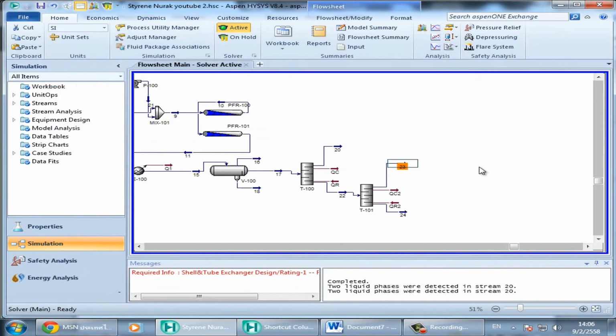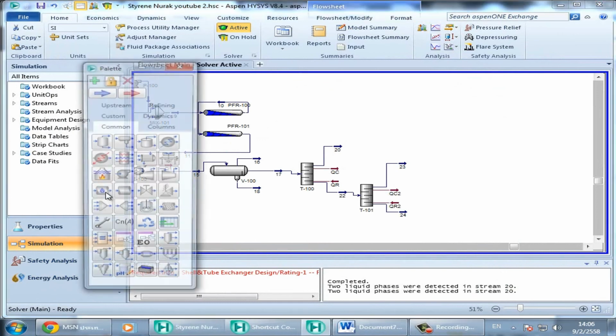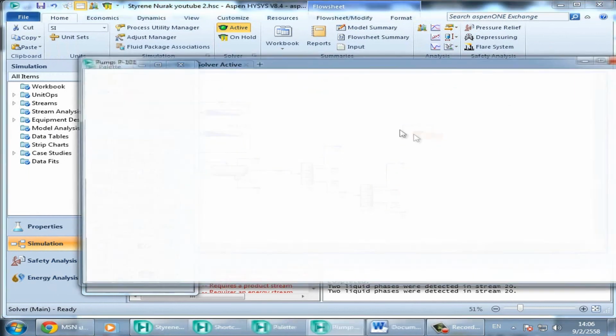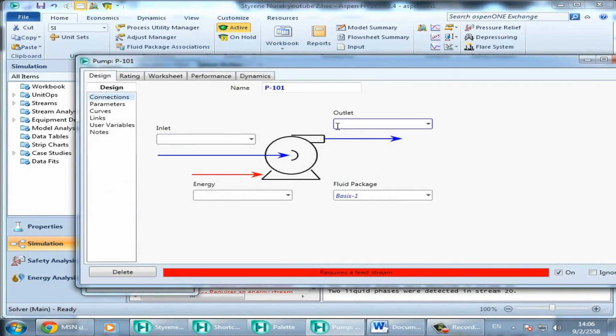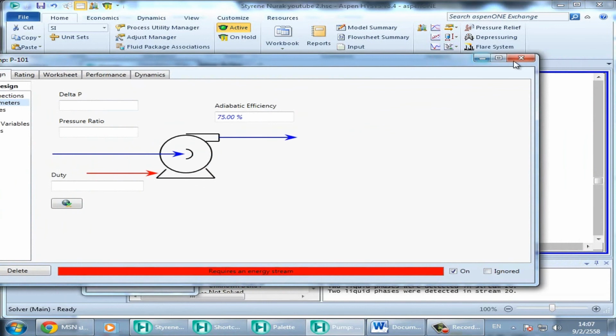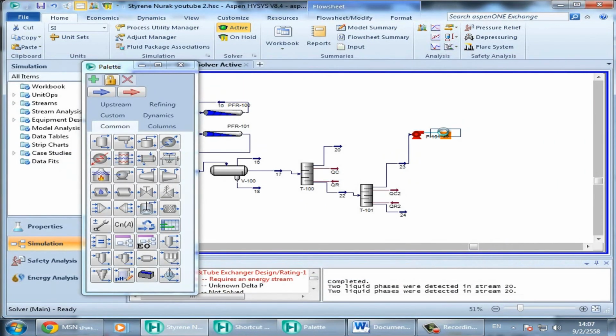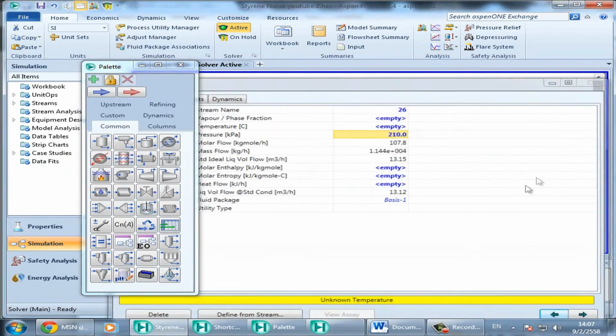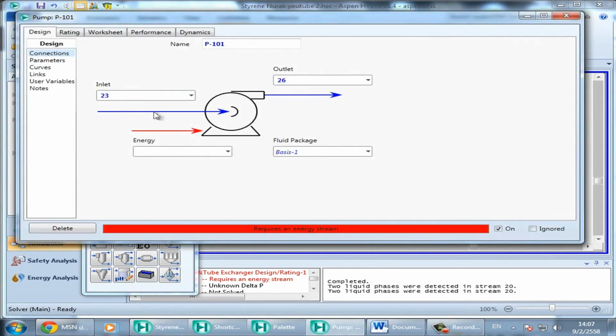So I can add the pump and then boost up to 210. However, I think I forgot to add the required value. Pump to.